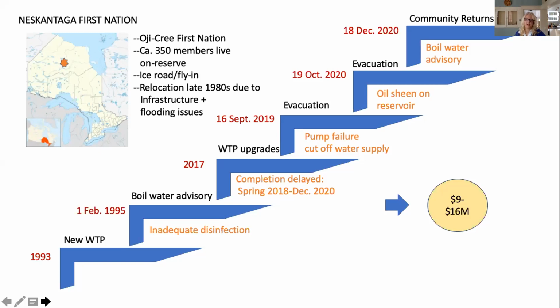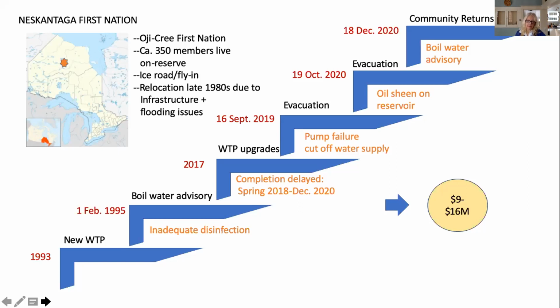In 1993, a new water treatment plant was built at the new location. Unfortunately, in 1995, shortly thereafter, the community went on a boil water advisory due to inadequate disinfection. This boil water advisory has not been lifted since.